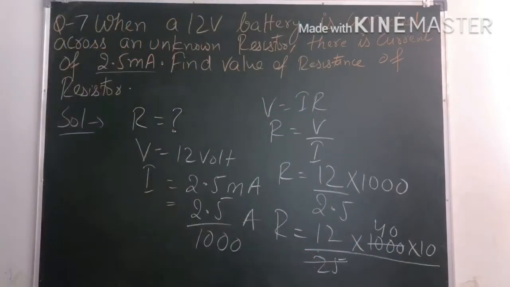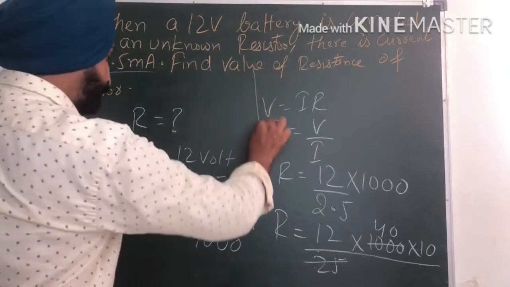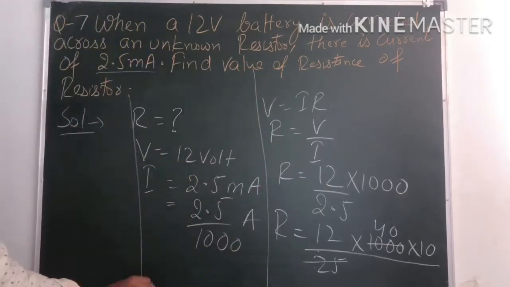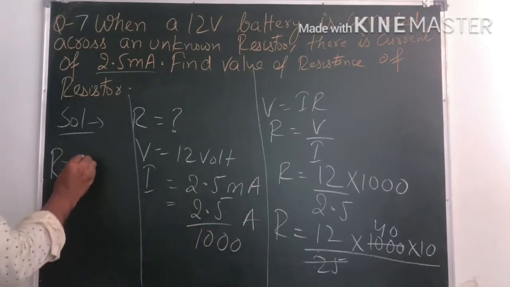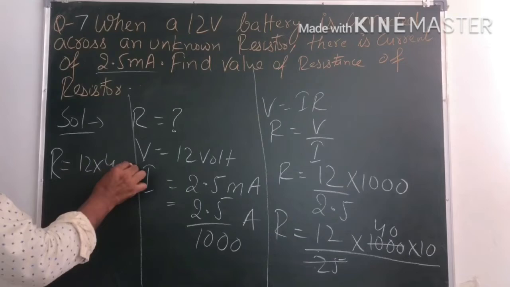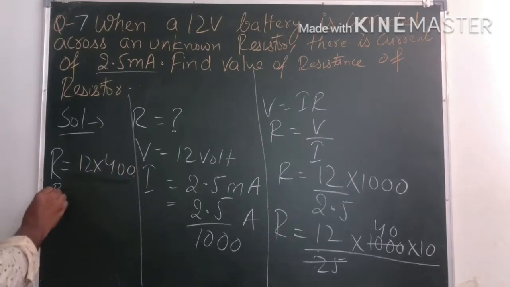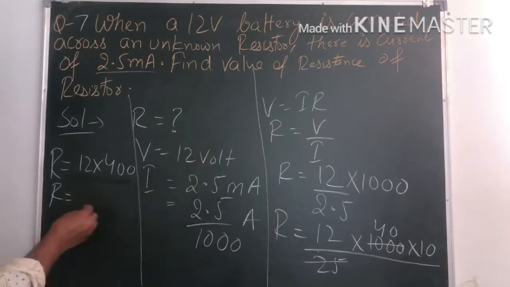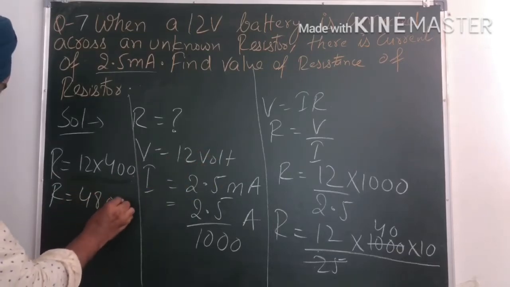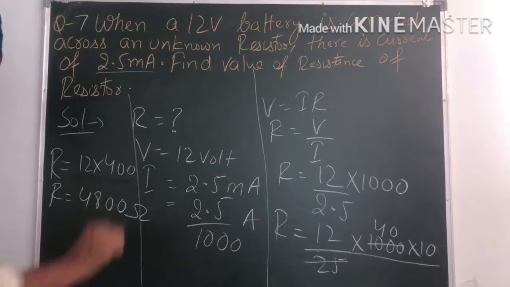Now our resistance from here would be equal to 12 into 400, that's it. So it would be equal to 4800 ohm.